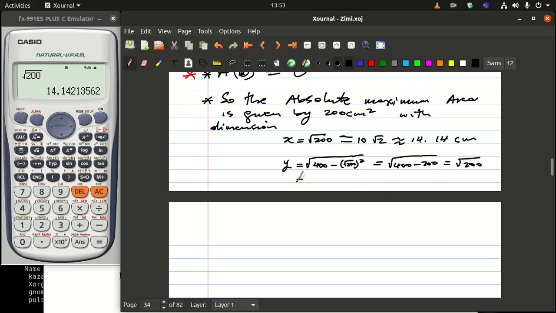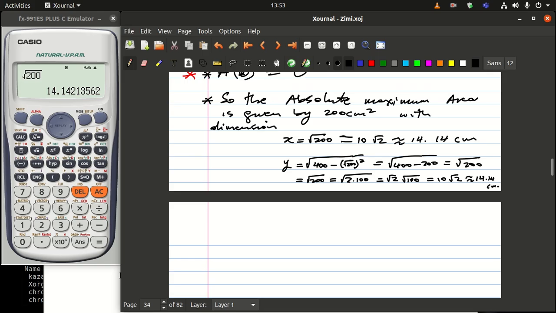This is 2 times 100, which is the same as the square root of 2 times the square root of 100, and the square root of 100 is 10, and the square root of 2 is just the square root of 2, which is also approximately 14.14 centimeters. So you can end at that particular point to say that you are getting your values there.